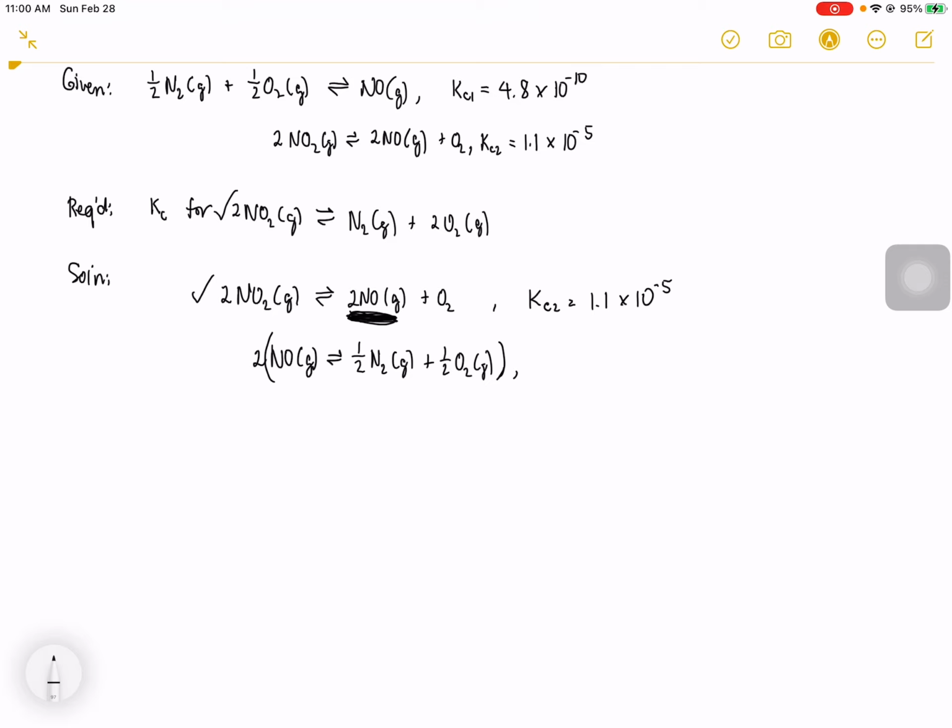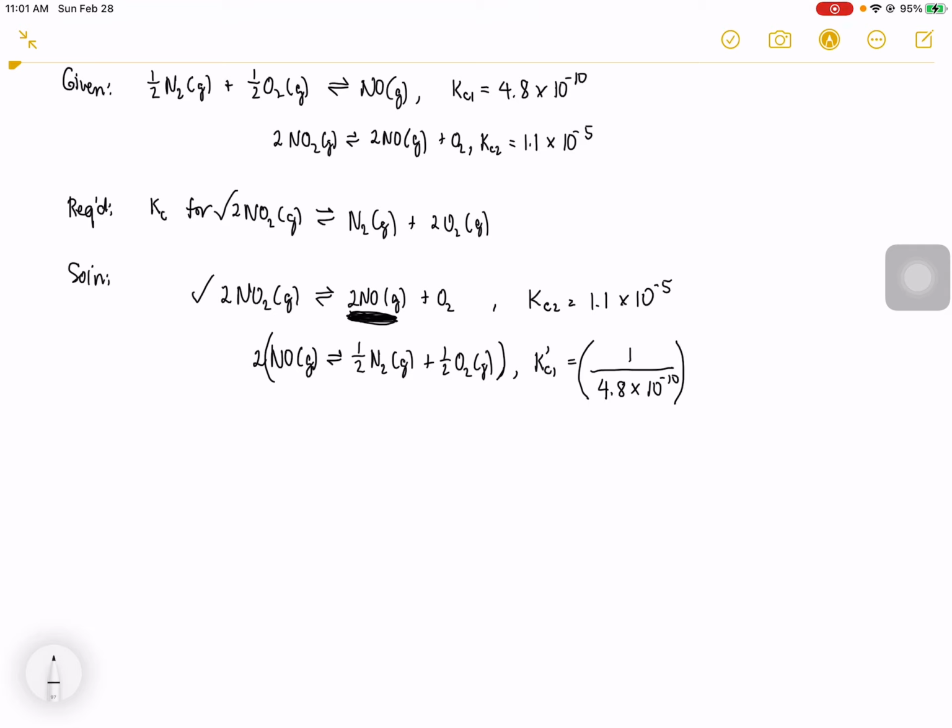Now by flipping over the chemical equation for reaction number 1 and then multiplying it all by 2, we are now able to also change the value of its K sub C. So the new value of K sub C for reaction number 1 is then equal to 1 over 4.8 times 10 to the negative 10, since we have reversed the given equation.